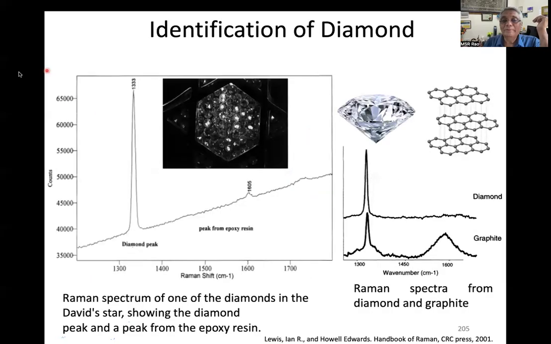Diamond can be easily identified, as I mentioned already. And you see diamond. You have a peak from the epoxy resin when these small pieces of diamond are embedded in epoxy resin for the experiment. And otherwise, a single diamond should give you the 1332 centimeter inverse peak. And this is a diamond with graphitic inclusions.